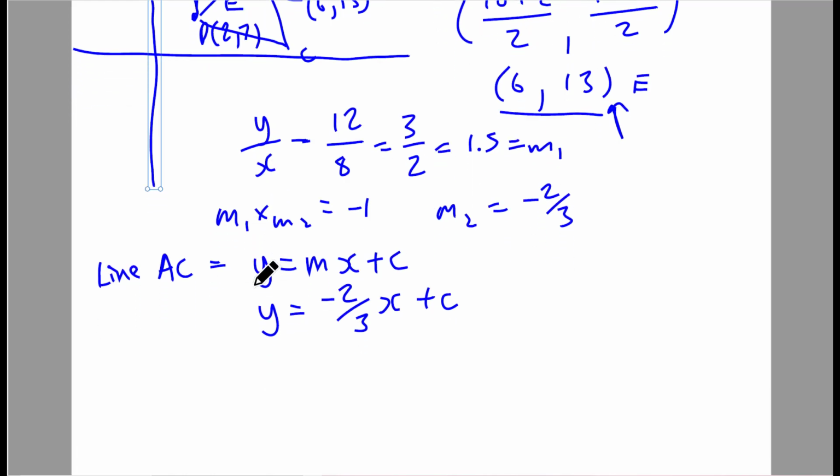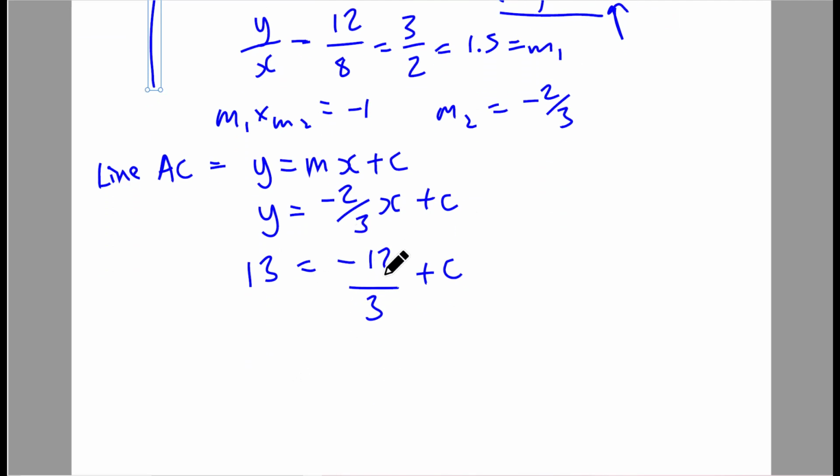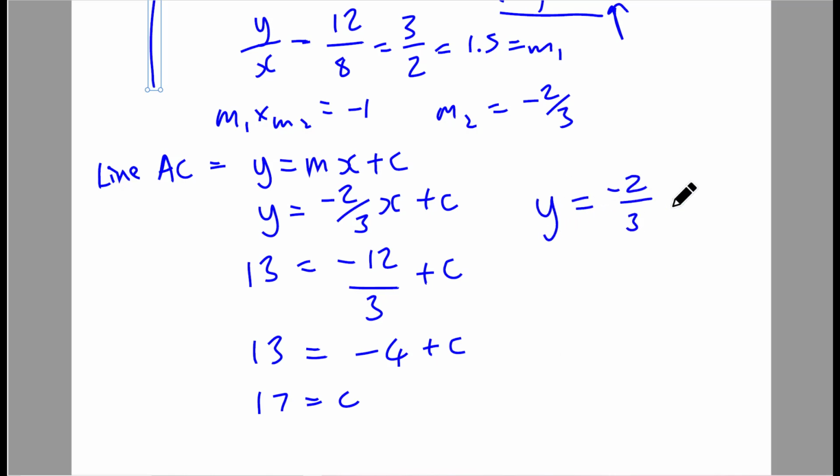So let's substitute that in. 13 equals minus 2 times 6, that's minus 12 over 3, because that's the x coordinate, plus c. Now it's minus 12 over 3, that's minus 4, right? So c equals 17. So we get y equals minus 2 over 3 x plus 17.